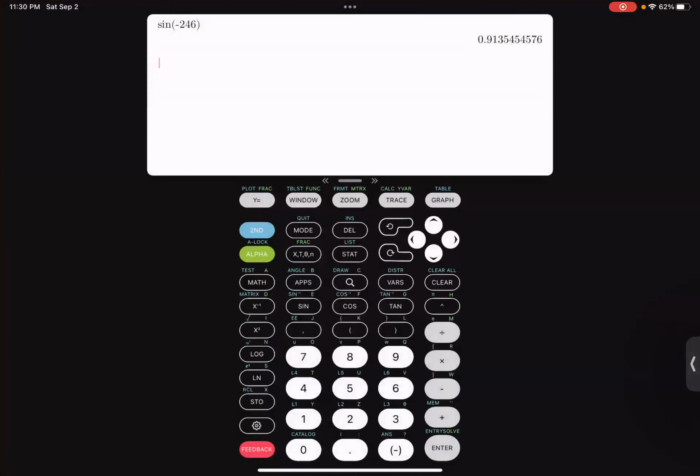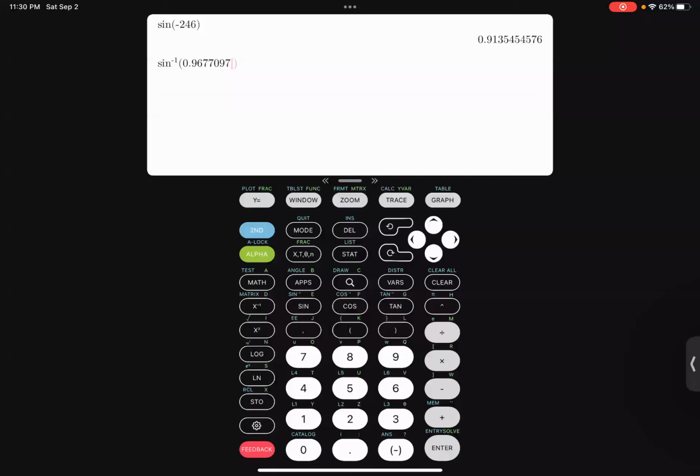So on our calculator, how to find the inverse function? We click second, we click sine. So you will see, this is inverse of sine. And put the number in it, 0.9677091 0 9 1 5.